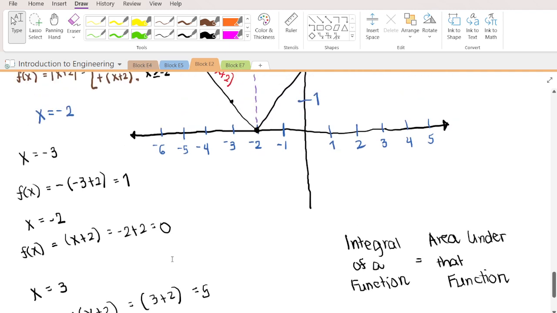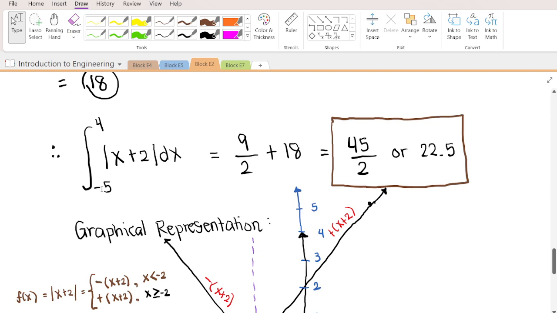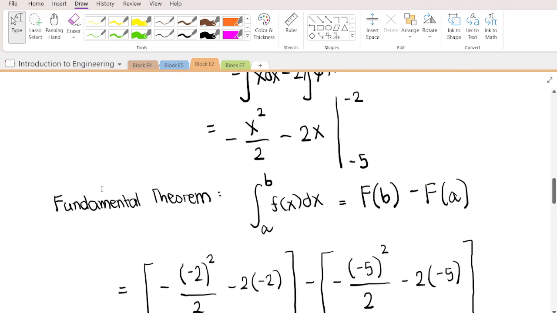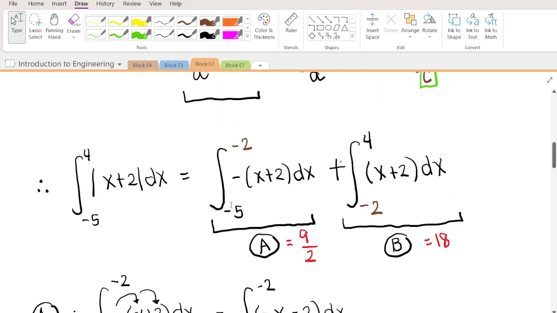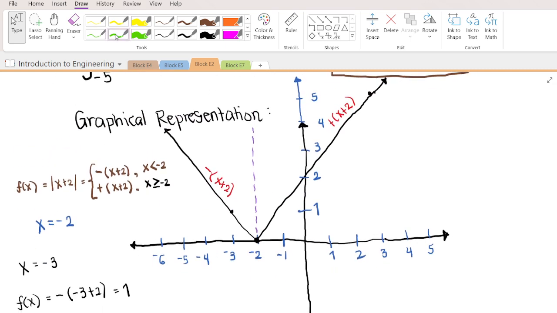So in this case, the first boundary is from -5 to -2, right? So where is that located? It's located here, from x equals -5 to x equals -2.